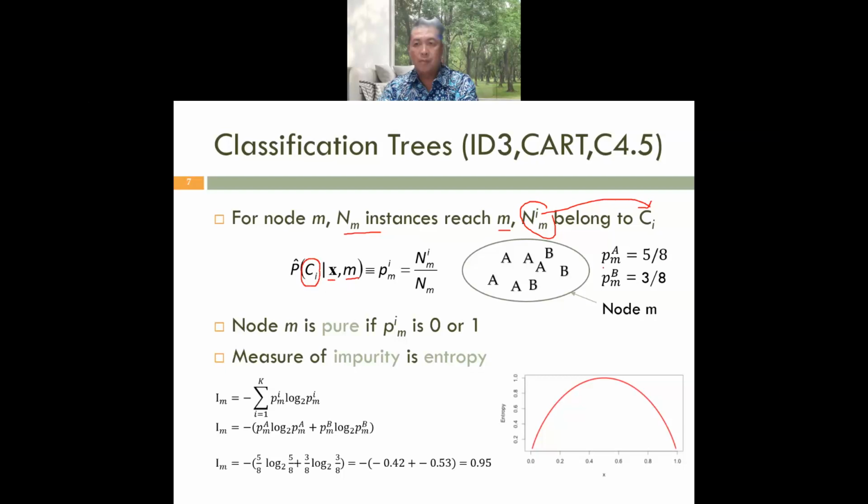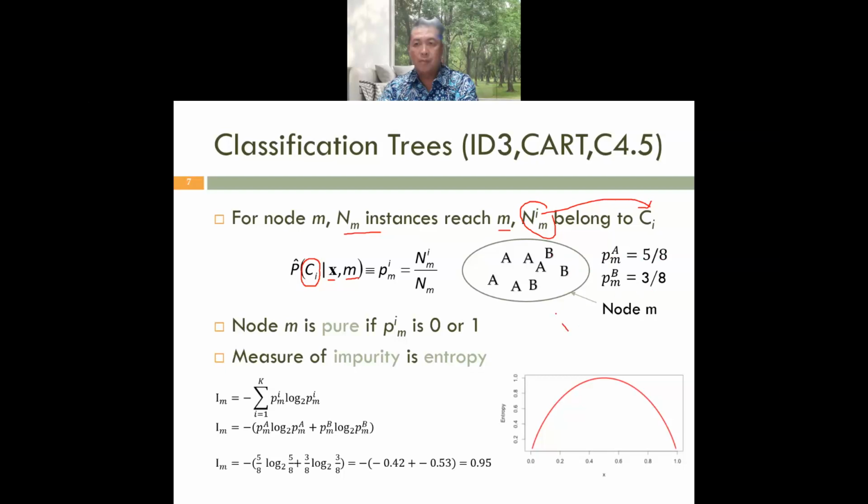For example, we have this node with 8 items. The probability of having A will be 5 over 8, and the probability of having B will be 3 over 8.